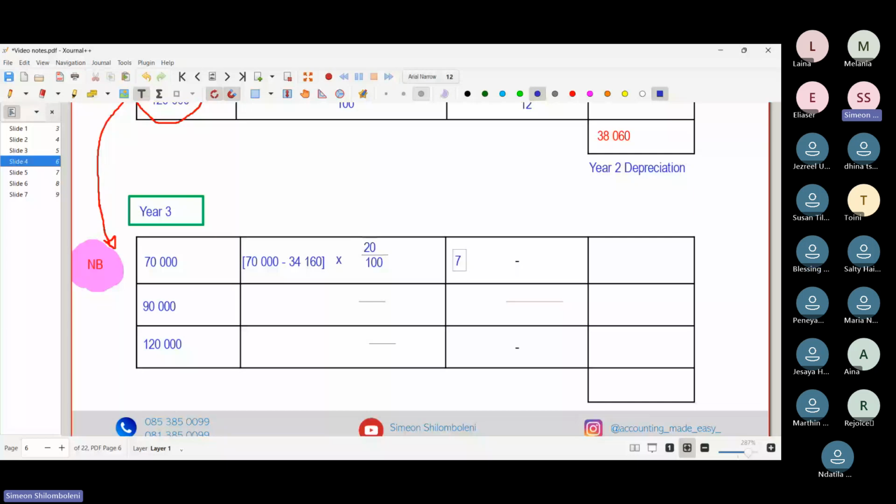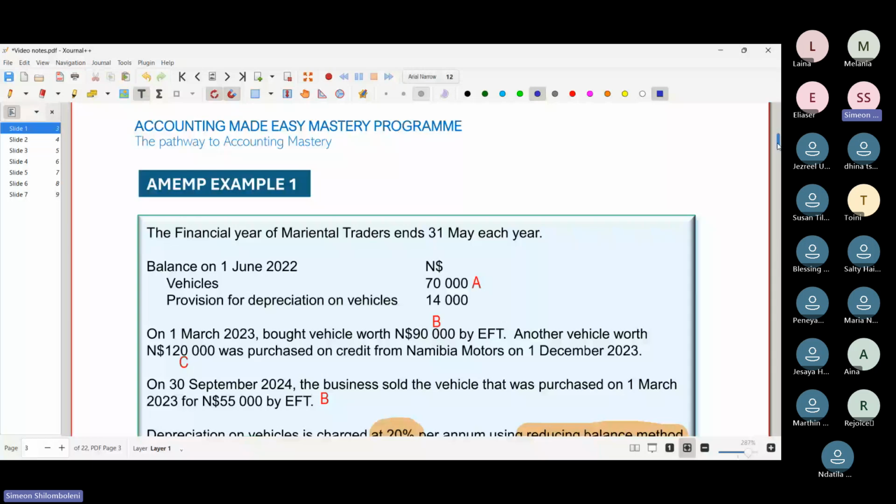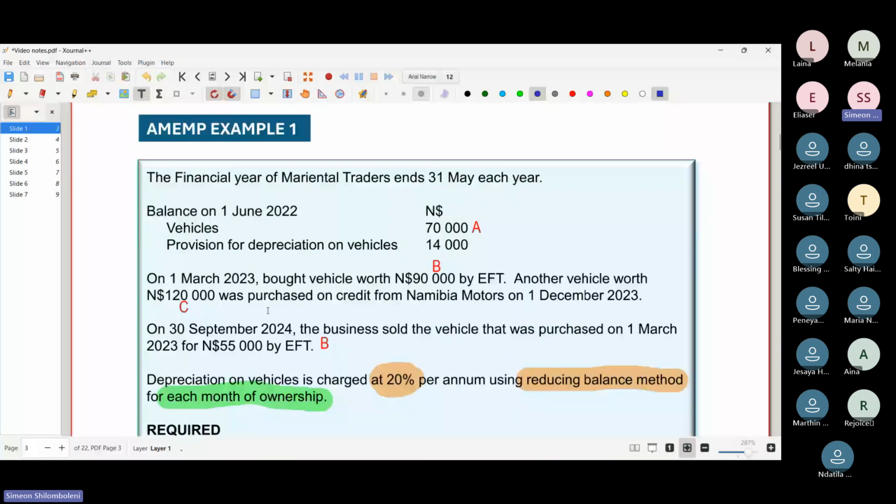Now, according to our information, did we sell this vehicle during the year? That one for 70,000. Maybe I must take you back here. Did we sell vehicle A? No, sir.